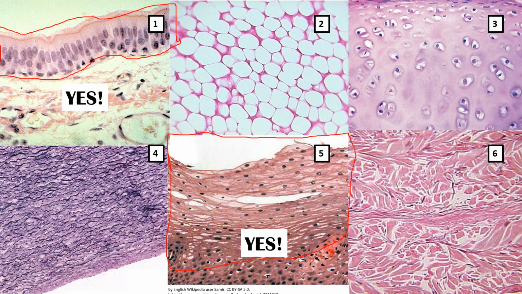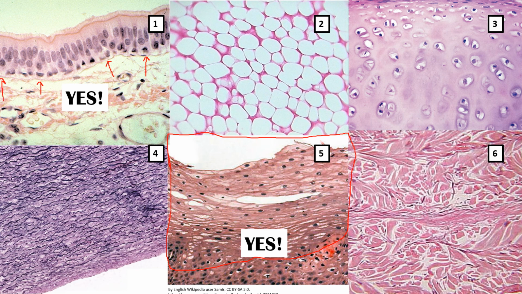The other thing that we were looking for is a basement membrane. So even though I've drawn over it in this upper image in number 1, you can see the basement membrane right here supporting this epithelial tissue.